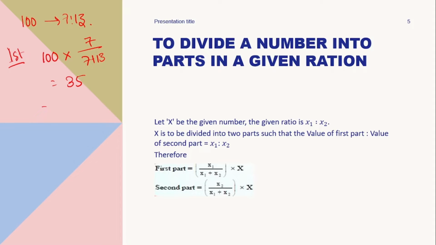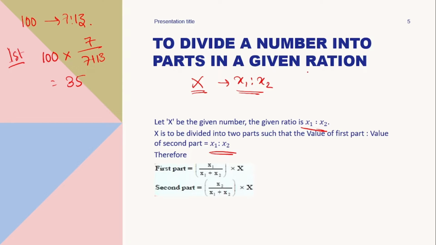The same is said here. Let X be the given number, and the given ratio is x1 is to x2, and X is to be divided into two parts such that the value of the first part is to the value of the second part equals x1 is to x2. I have to break X in the ratio x1 is to x2.